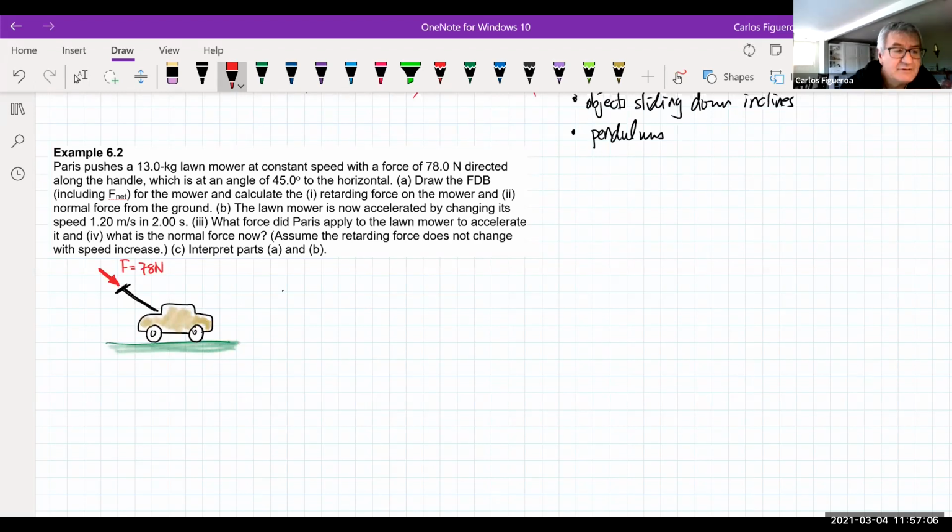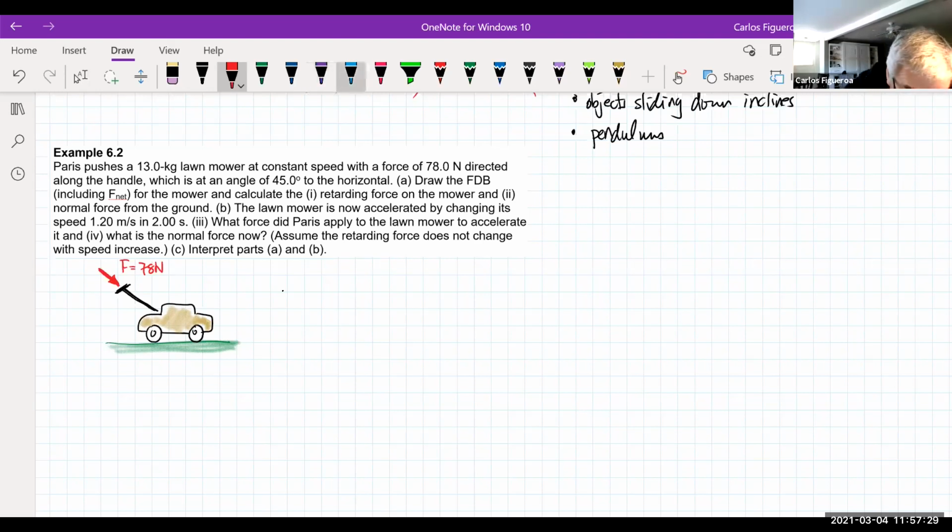And then, of course, there's all these other forces that have to come into play, right? What we're assuming here is that, I don't think we have friction here. Do we have friction? I assume that we do. We have a retarding force. So yes, we have friction.